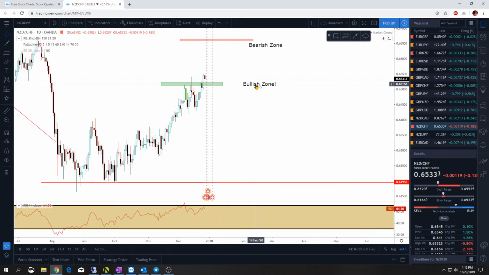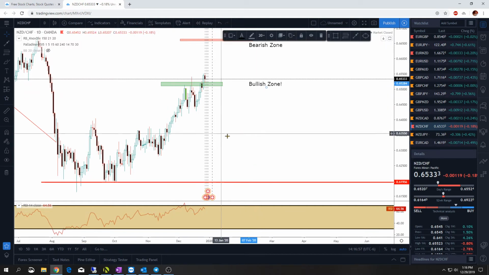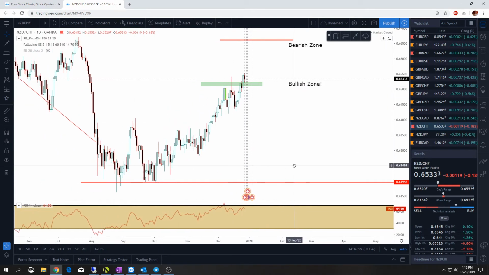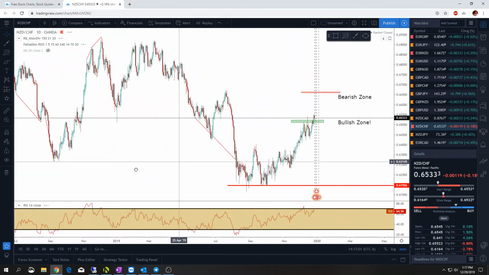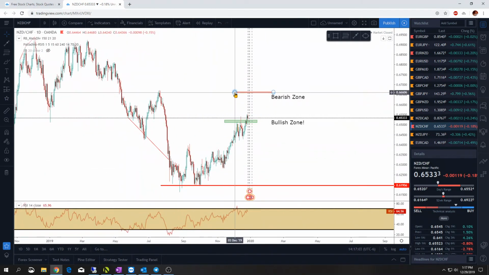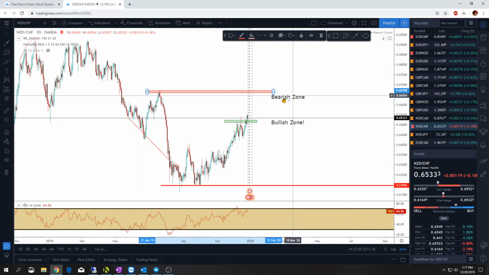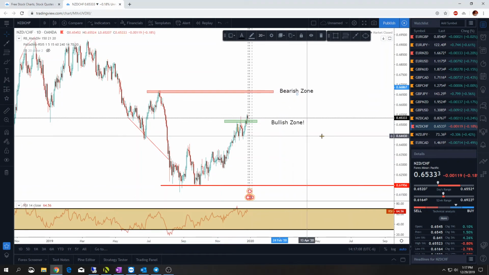So it's a little riskier on this pair because the Swiss franc is also getting stronger, so that's why you don't have quite the same bullish movement as on the other New Zealand dollar pairs. But this is a good place to look for that retest and another push up to this level.